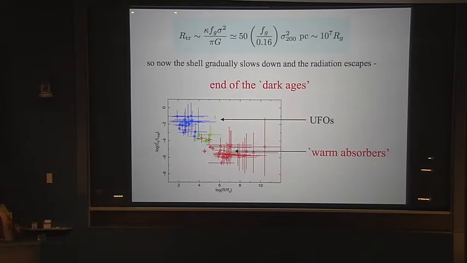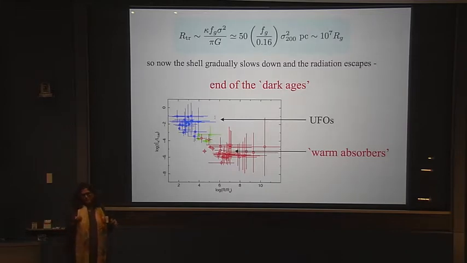You find that the transparency radius is of the order of 10 to the 7 Schwarzschild radii. At this point, this is the ultimate fate of the shell. Your shell is moving out, and then all the radiation escapes, because now you're transparent in the optically thin regime, and you're at the end of the shrouded phase.